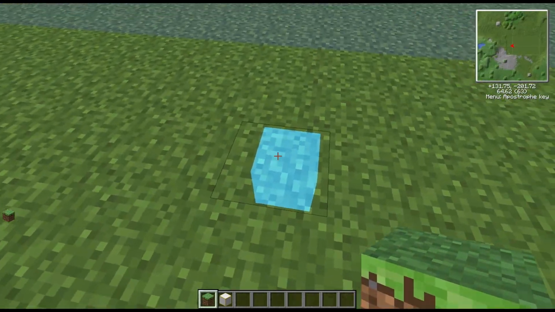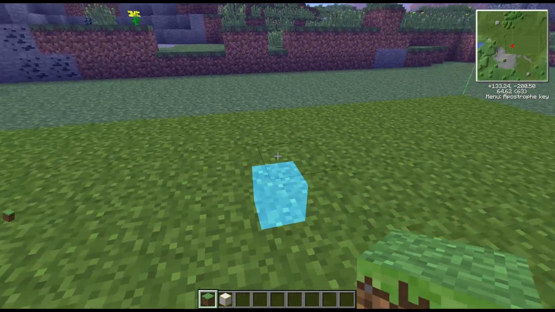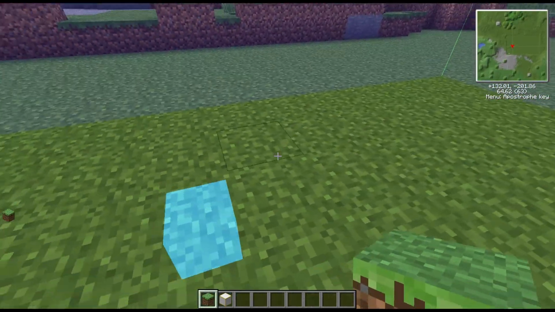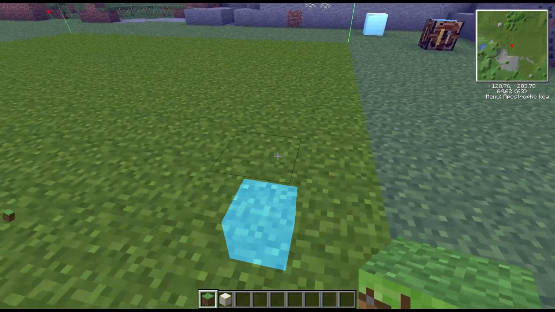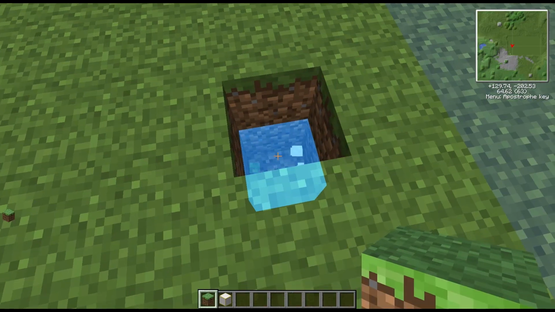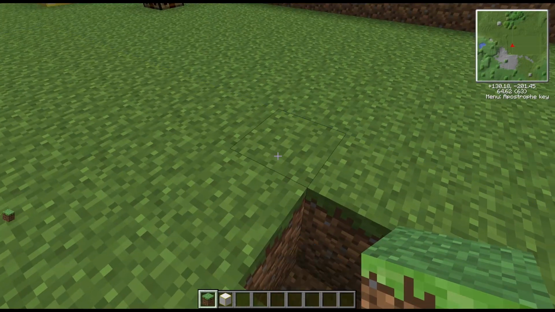Yours will show up like this. If somebody else is around, theirs will show up as red. That way you can see where other people's chunk loaders are, which is particularly useful if you are a server admin.